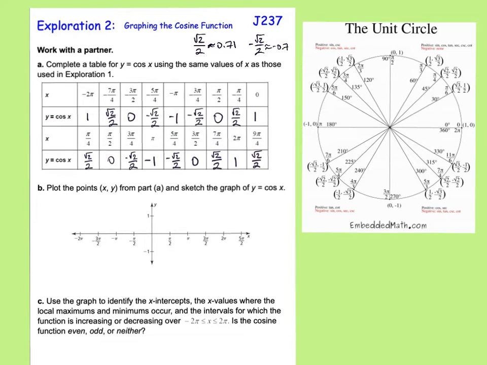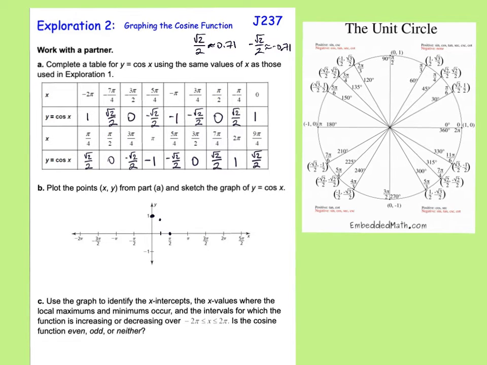As you remember, root 2 over 2 is approximately 0.71, and negative root 2 over 2 is approximately negative 0.71. So let's go ahead and graph our cosine graph. Again, I'm going to start with 0. So at 0 we have 1, and we are going in the positive direction. At pi over 4 we have 0.7, and then we have 0.